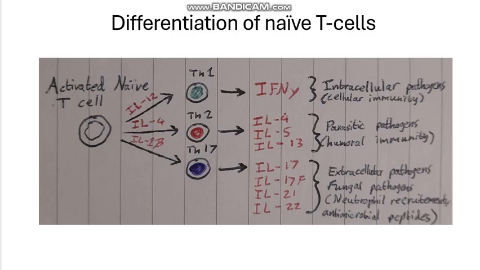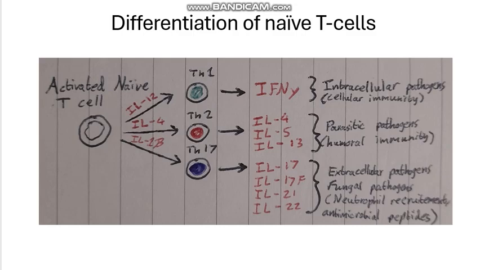Th1 helper T cells are mainly focused on getting rid of intracellular pathogens like we talked about before, so they're in charge of the cellular immune response. So they're going to be targeting viruses or mycobacteria which infect cells internally and proliferate within cells.